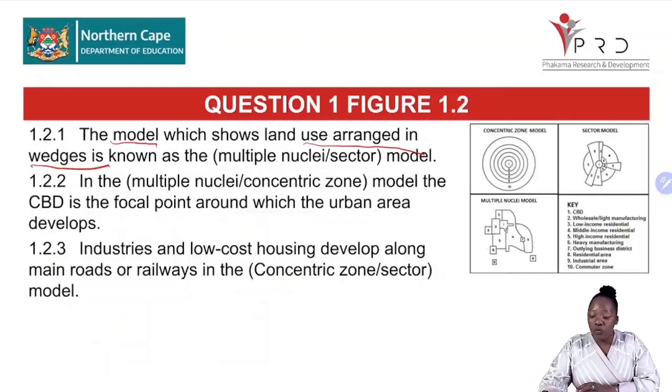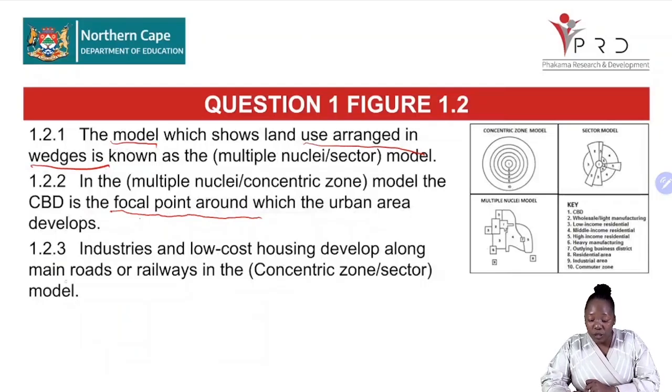So I've tried to include the diagram again so that it can be easier for you to just refer in one slide. So secondly, in the multiple nuclei or the concentric zone model, the CBD is the focal point around which the urban area develops. So we're looking there at which model has a focal point.